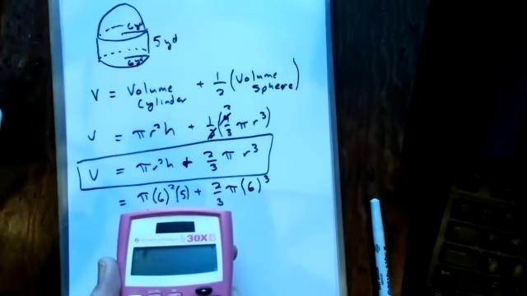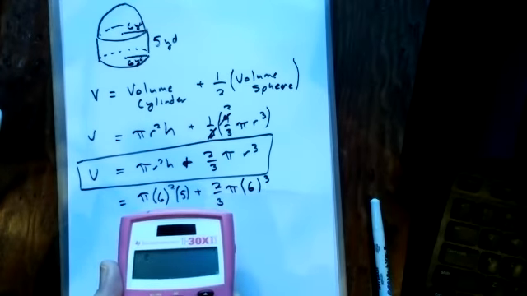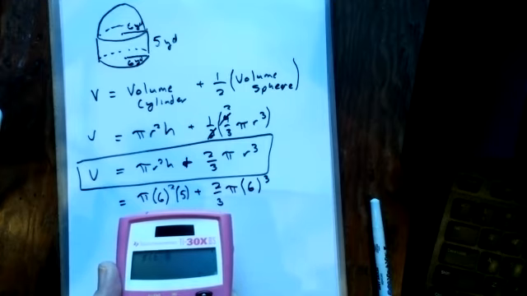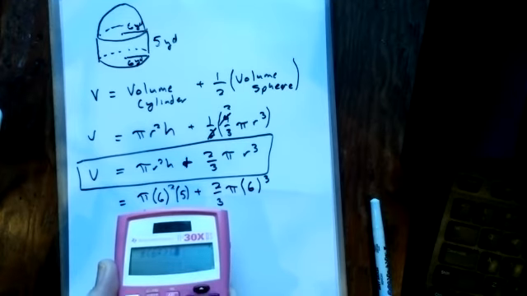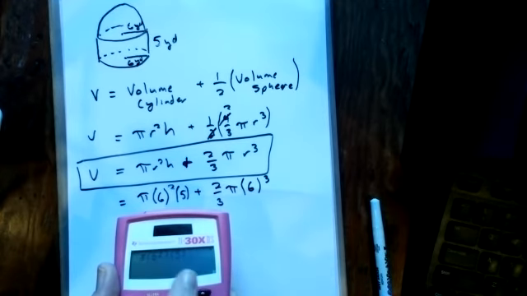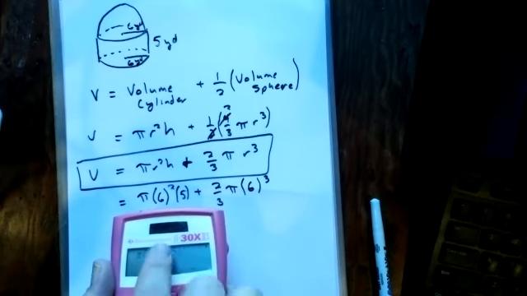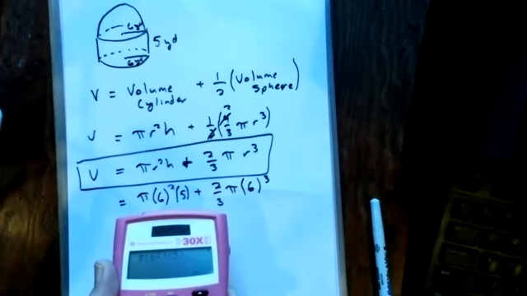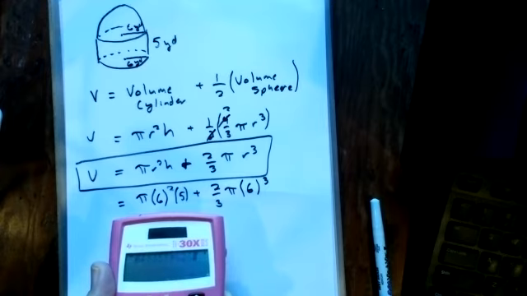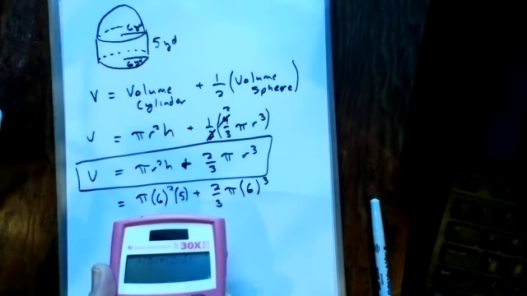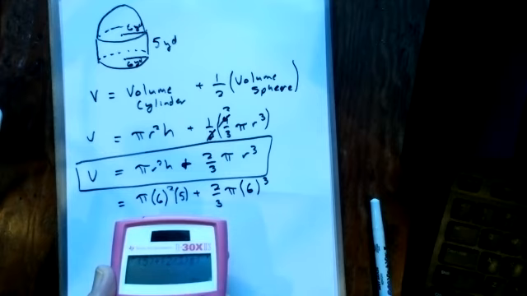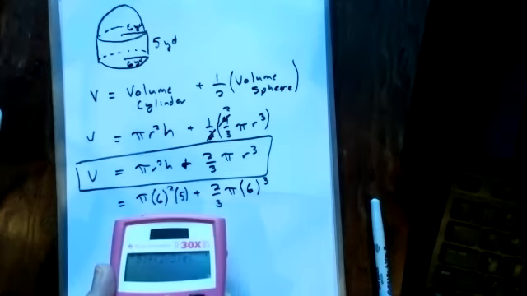So here I'm going to put this in as pi times 6 squared times 5. So this will be the volume of that cylinder. Now I'm going to add to that 2/3 times pi times 6 cubed, or 6 to the 3rd power.